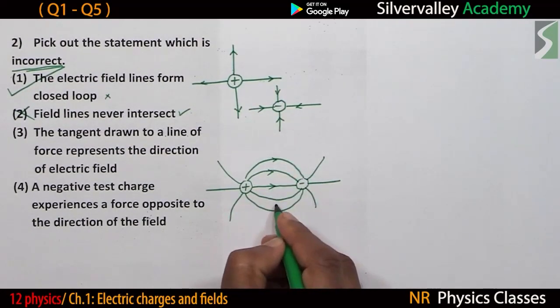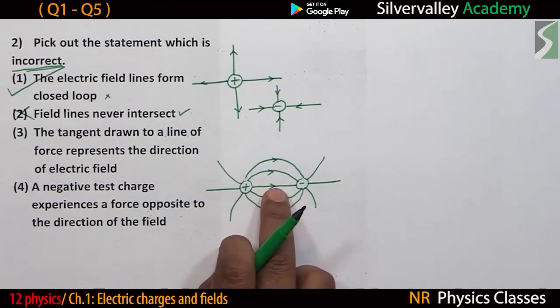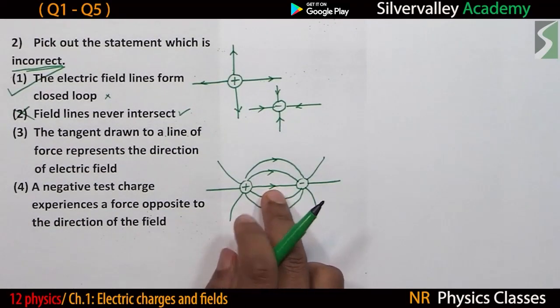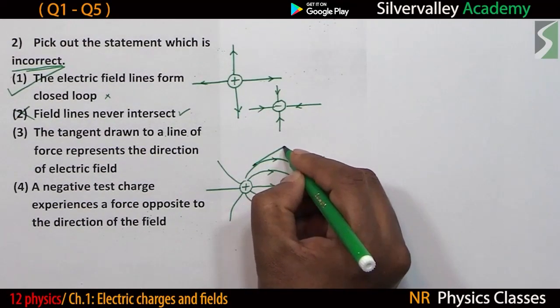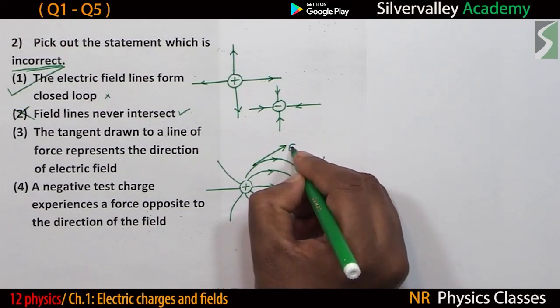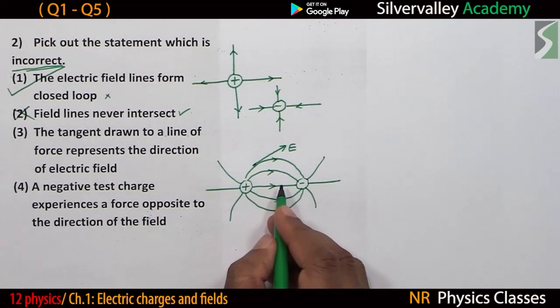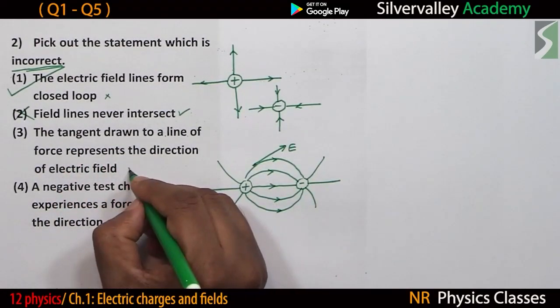These are electric field lines, also called line of force or lines of force. At this point, if we draw a tangent, that tangent represents the direction of the electric field. So the electric field is along the tangent. So the statement is correct.